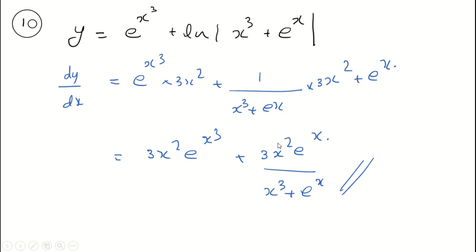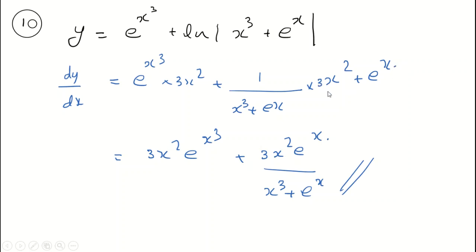10th example. Y equals e to the power x cube plus ln of x cube plus e to the power x. So when you differentiate this one, this will become e to the power x cube into 3x squared. You differentiate this, 3x squared, plus 1 over this whole thing, x cube plus e to the power x. When you differentiate the x cube plus e to the power x, it will become 3x squared plus e to the power x.